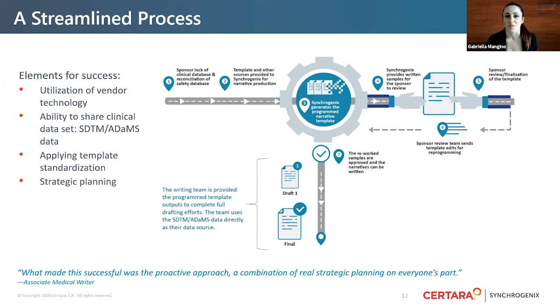And the last element for success is really strategic planning on everyone's part. If you're working with that vendor, it's being proactive. It's a combination of strategic planning on everyone's part so that the process in the beginning is kicked off and streamlined, and the production from there forward is made much more efficient.